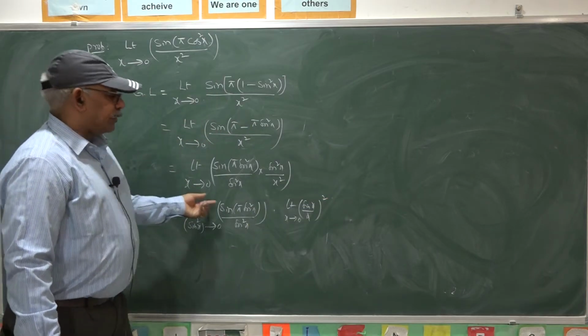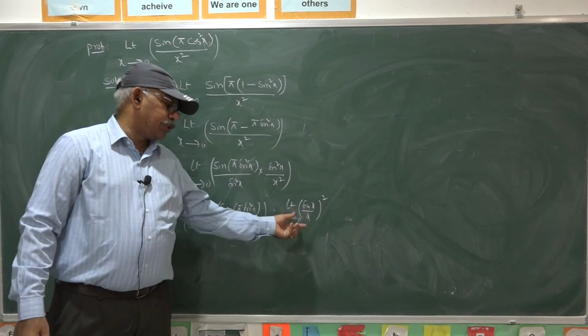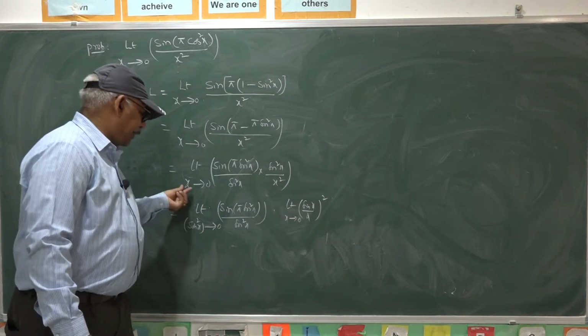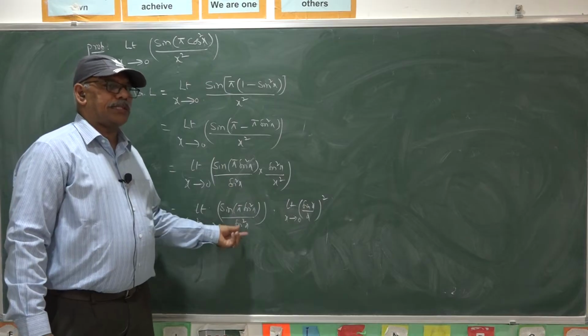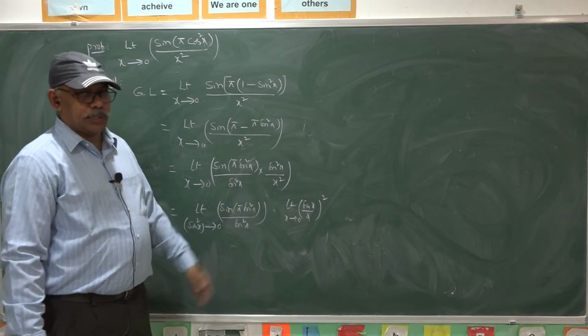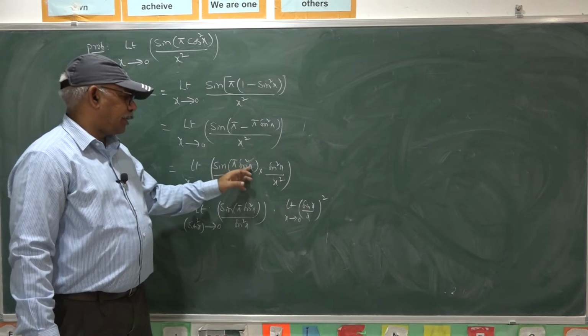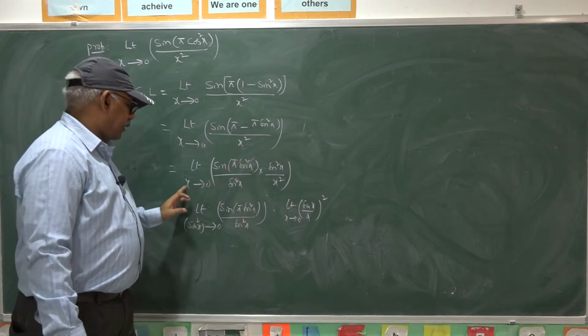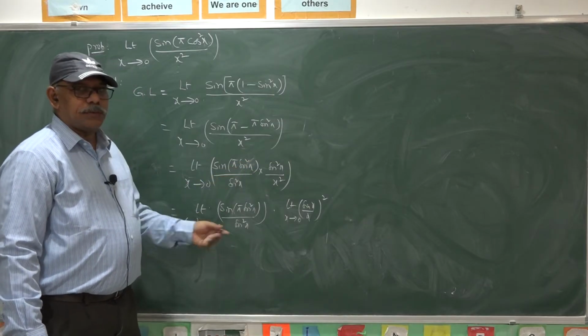As and when x is nearing 0, clearly sin x is nearing 0 and sin square x is nearing 0. Hence, once you take this as y, as x goes to 0, y goes to 0 itself.